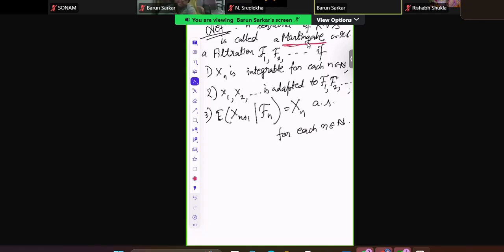So Xn is integrable for each n. The integrability is required because you are doing conditional expectation, so you need the integrability condition. And then Xn is Fn measurable; that is the second one. And the third one is the most important, it gives something very important.